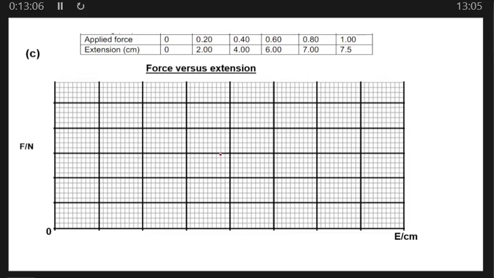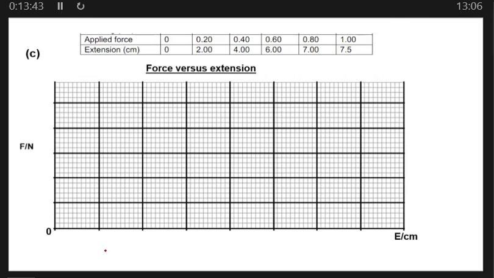So we must make sure that we put values along the x-axis that are able to accommodate all these values. So meaning we can begin from 0 and end on 8 or 7.5 itself, and then these values must be uniform, and that means that the difference between two consecutive values must be constant.